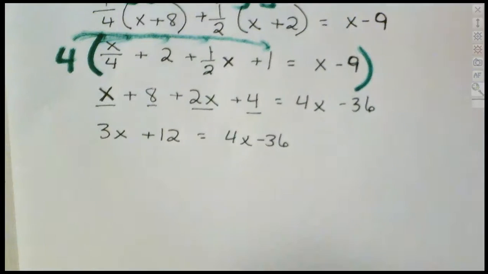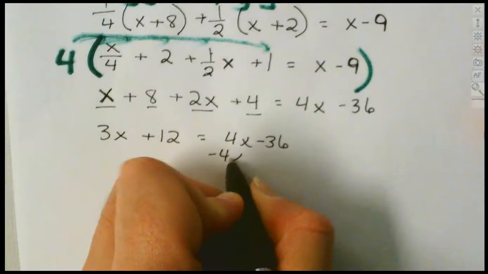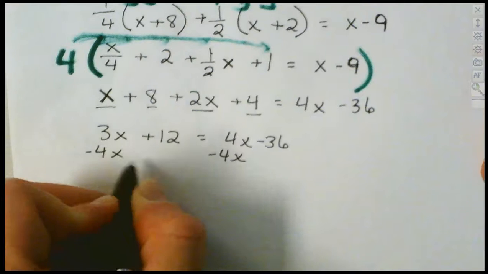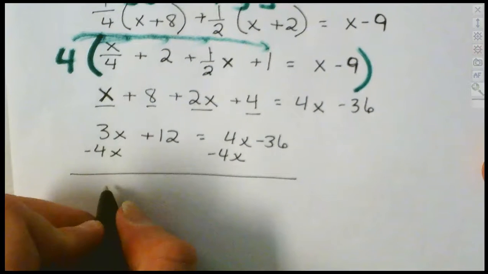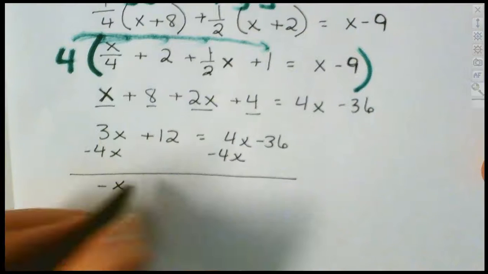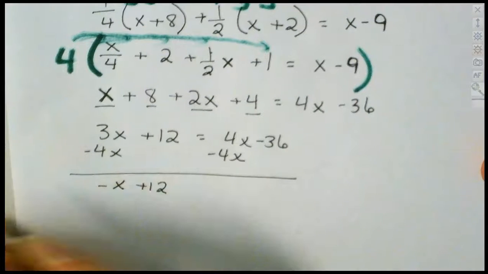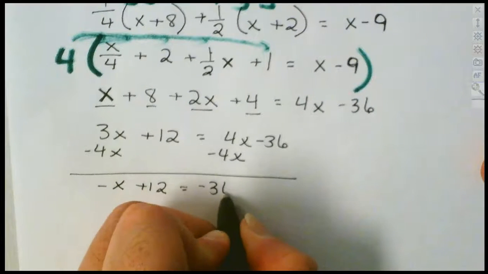We'll go ahead and move that 4x over with subtraction. 3 minus 4 leaves you with a minus x there. And you've got 12, and that equals a negative 36.